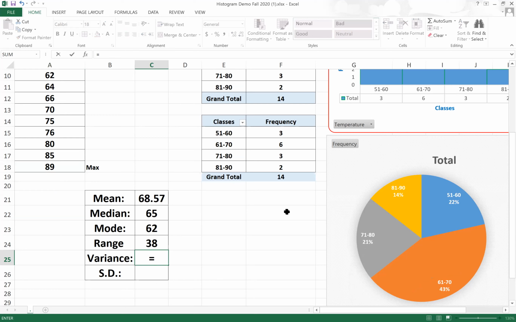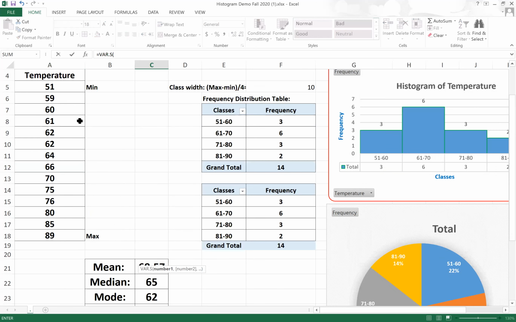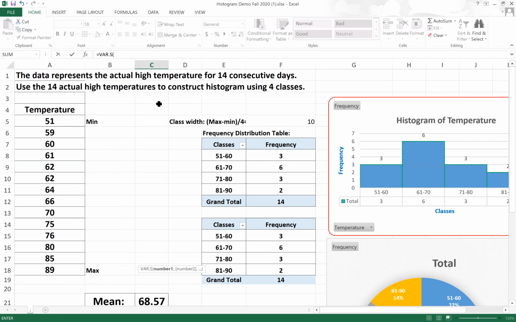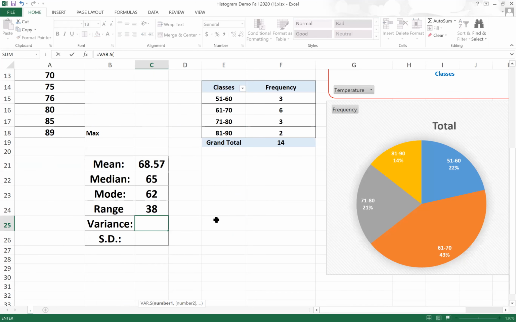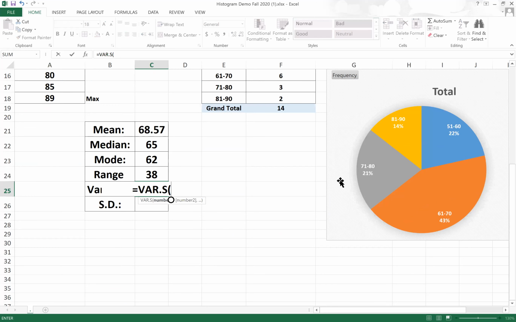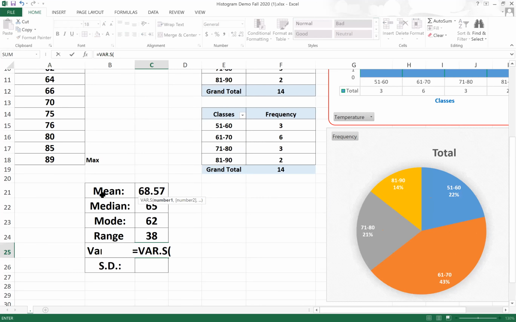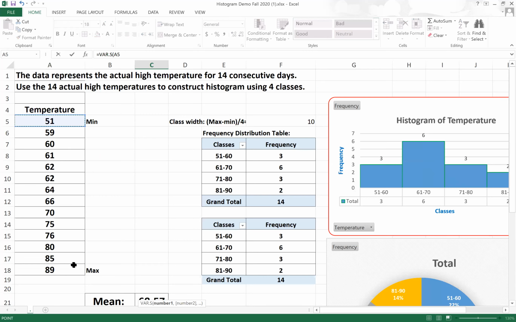Okay, so now our variance. Variance, you got to do VAR, right? VAR representing variance, and then we are dealing with a sample. So we have two different types of variance. One of them is for population, one of them is for sample. And this is definitely a sample, right? 14 temperatures definitely is not an entire population. It's a sample, so gotta be VAR.S, then open parentheses, then highlight the entire data set.